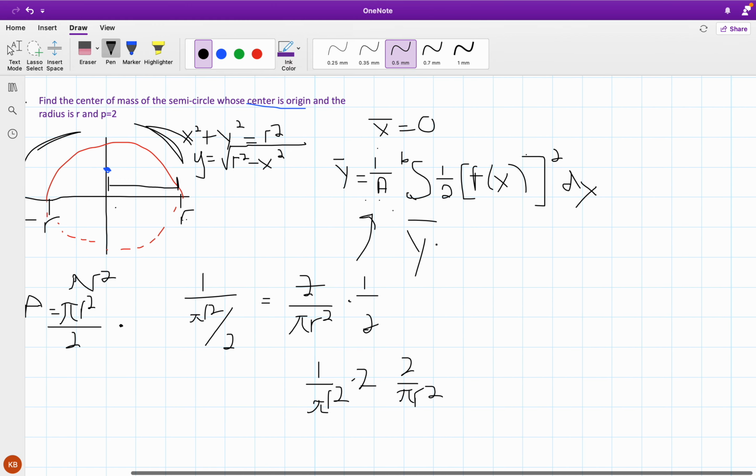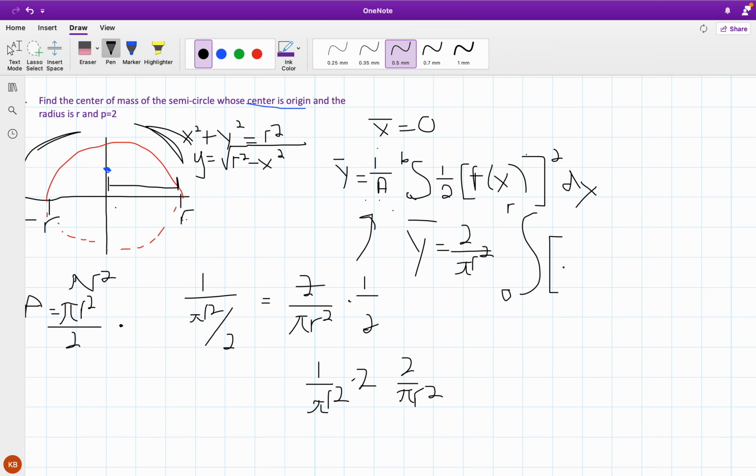So y will equal 2 over pi r squared times the integral from r to 0, and then it's going to be f of x squared, so it's going to be r squared minus x squared, as we've solved right here, squared dx.